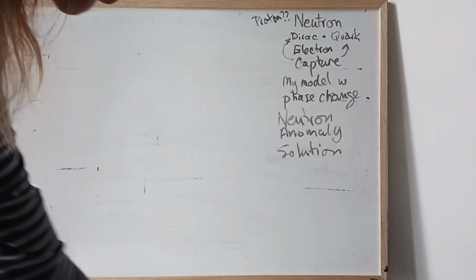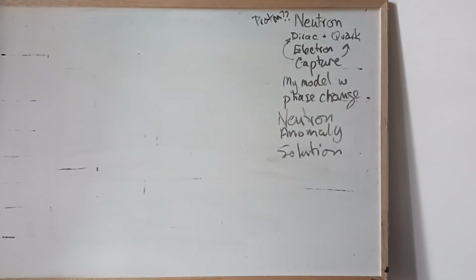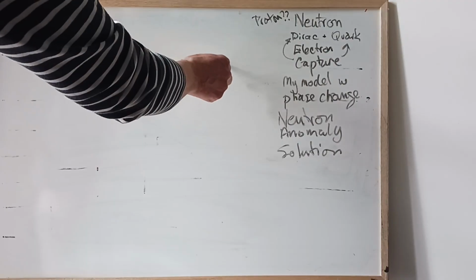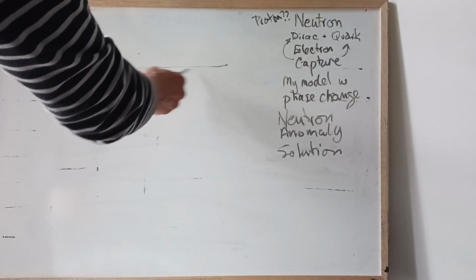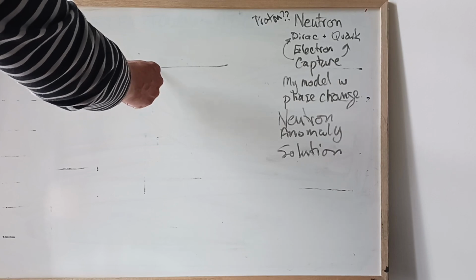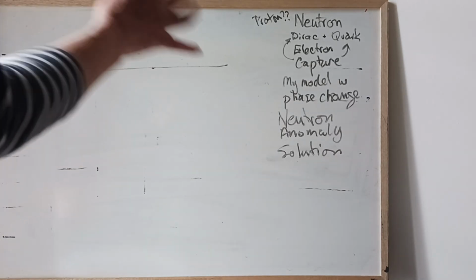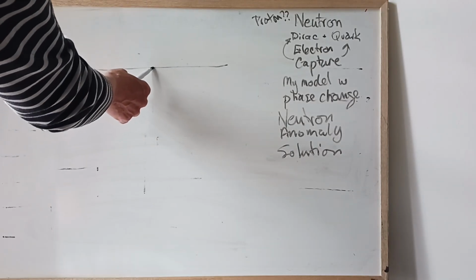So first, let's look at a proton. In my model, we've got space. Gravity acts on space, on any kind of variation in the quantum field. I'm going to use that term just for familiarity's sake for everyone. So there's a variation in the quantum field.